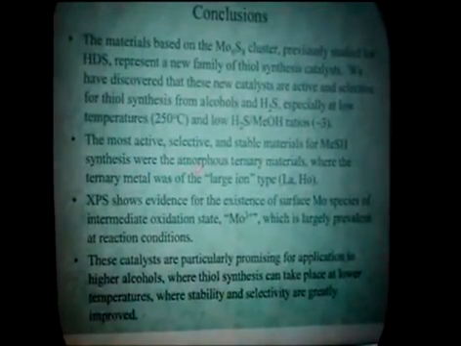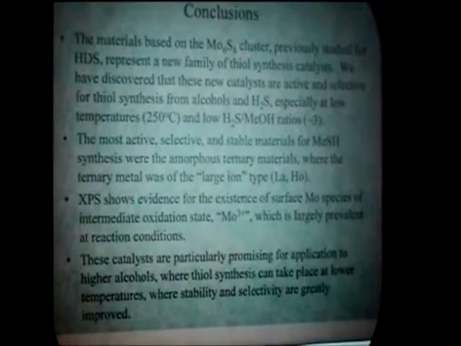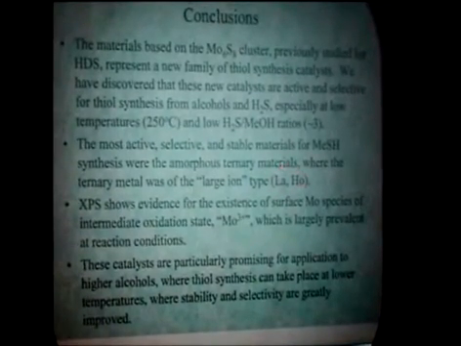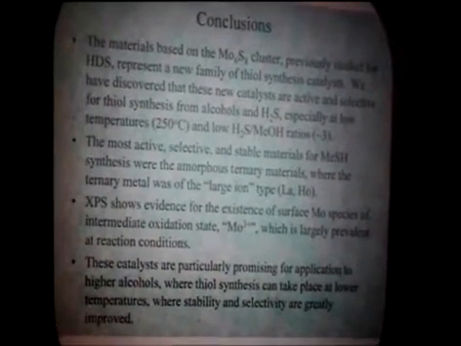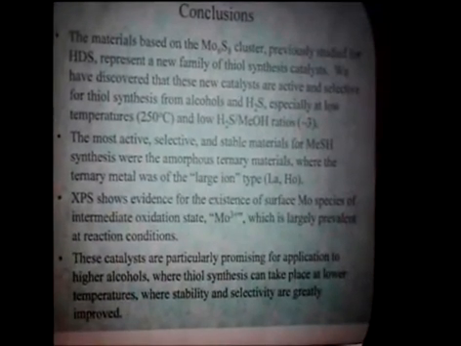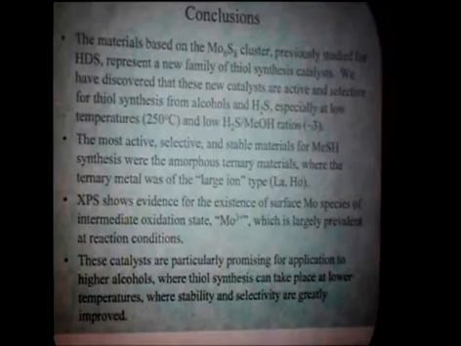The most active, selective and stable of these materials for at least methane thiol synthesis were the amorphous ternary materials, with the large ion types, lanthanum and holmium. We also have seen evidence by XPS of a surface oxidation state that's intermediate for molybdenum, and that's the main species of molybdenum present at the surface.